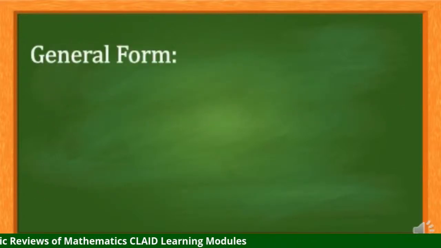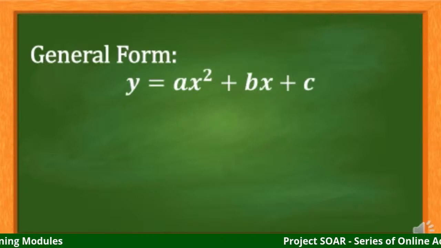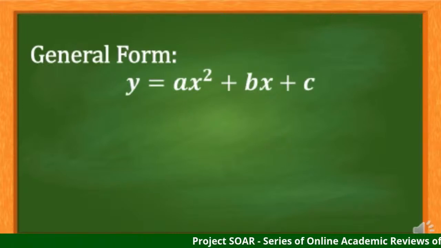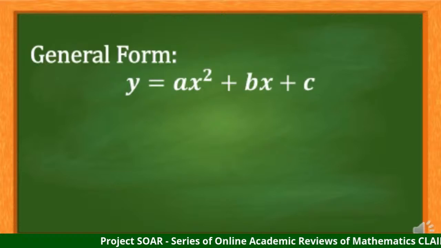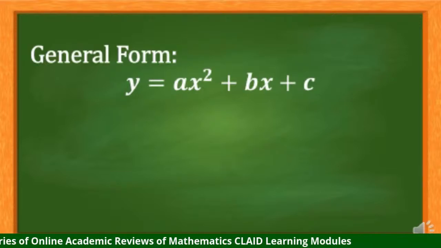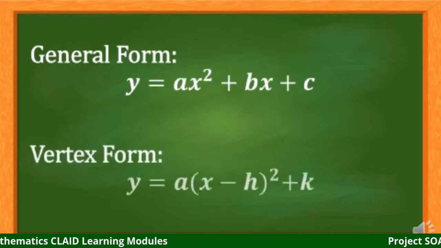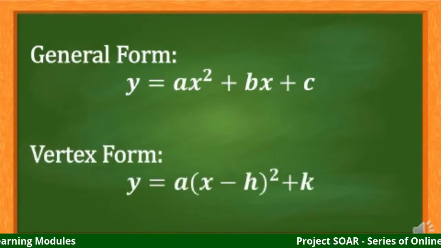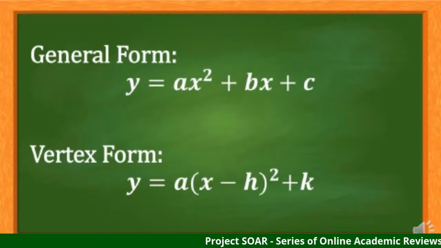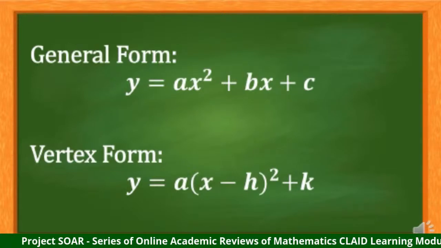The general form of a quadratic function is y = ax squared plus bx plus c. So based sa definition natin kanina, a, b, and c are real numbers and a is not equal to 0. The vertex form naman ng quadratic function is y is equal to a times the quantity of x minus h squared plus k, wherein h and k is the vertex of the parabola.